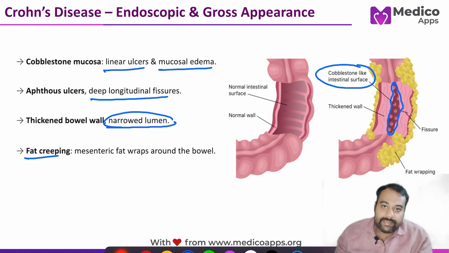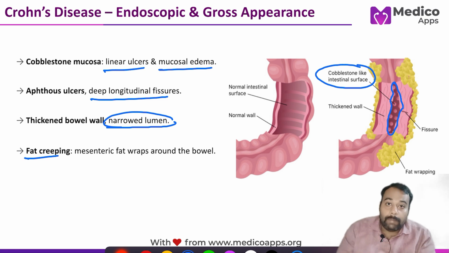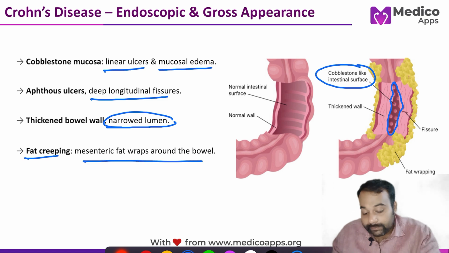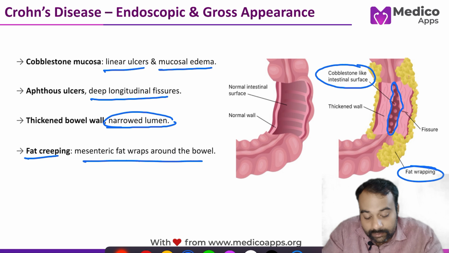There is excessive mesenteric fat seen in such patients, typically wrapped around the bowel. This is your creeping fat, and you can see it in this image.